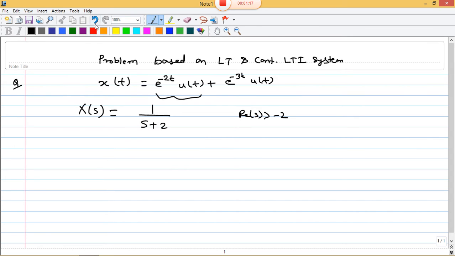This is the Laplace transform of e to the power minus 2t u(t).